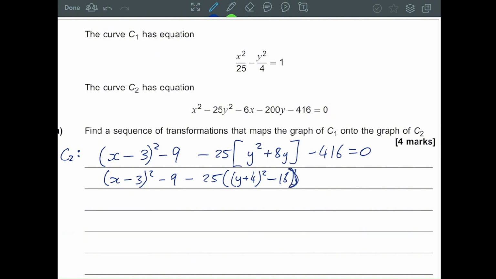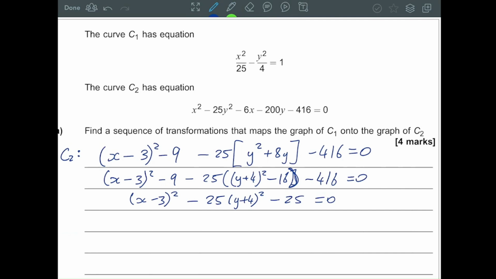I'm swapping my brackets around a bit weirdly. So x minus 3 squared minus 25, y plus 4 squared. We've got a minus 9. We've got a minus 25 times minus 16 and a minus 416. I'm hoping that comes out to be a square number. Indeed it does. It comes out as negative 25.